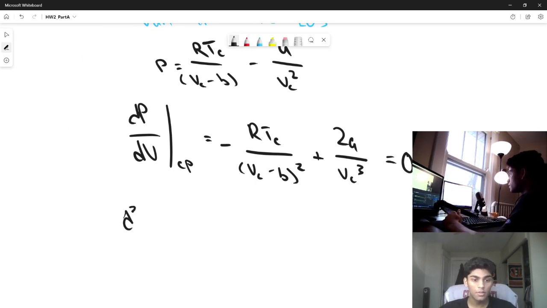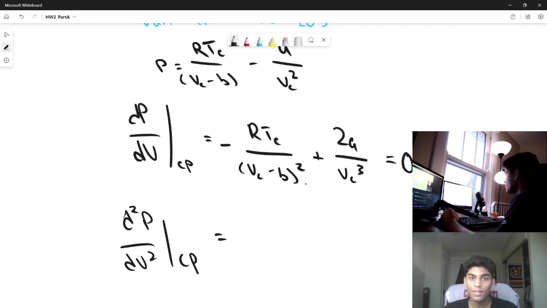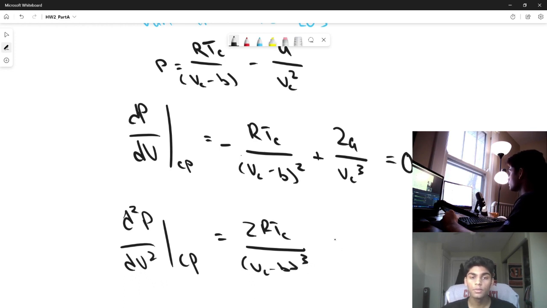So now d2P over dV squared at the critical point is going to be basically the same thing. A negative times a negative is going to be a positive. So now it's going to be 2RTc over Vc minus B cubed. And again, same thing for that.